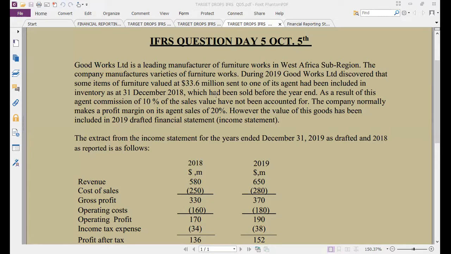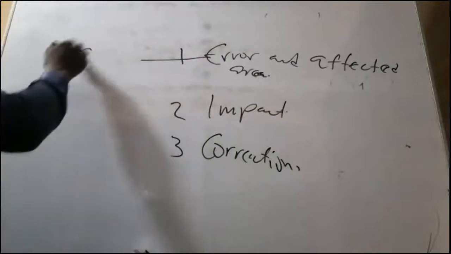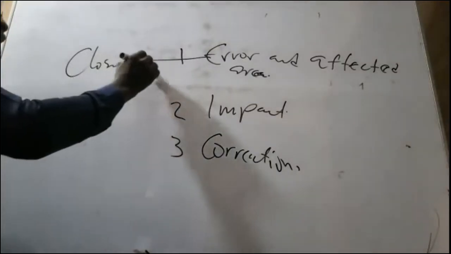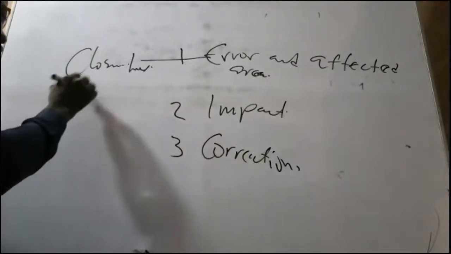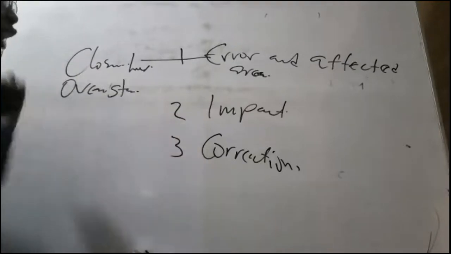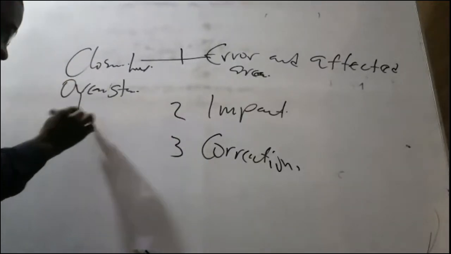So just that here, one mistake leads to the other. So let's look at one first. So first, the error is that closing inventory has been what? Overstated. That's all. So to affect what? Affected area, cost of sales.